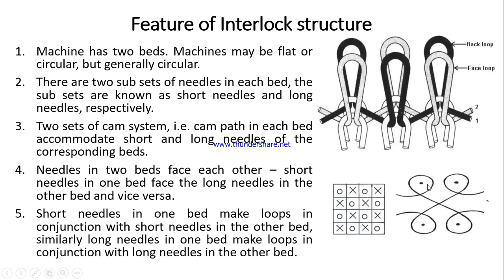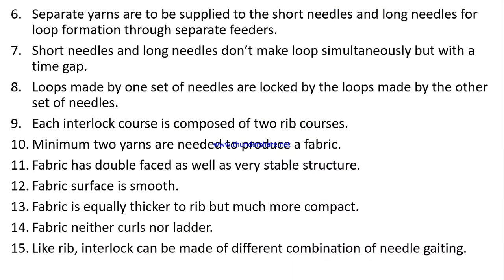But when another course is drawn in this way, both courses will interlock together to form a single course of interlock jersey. So interlock jersey is basically composed of two courses of rib jersey. That's why you can say the interlock structure is made of the combination of two rib structures.